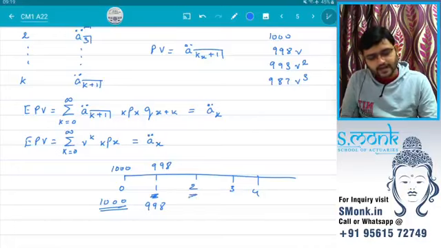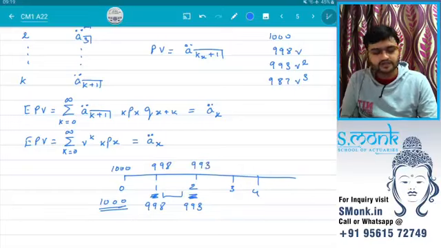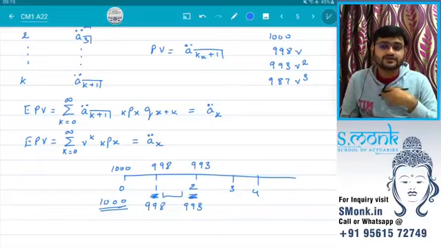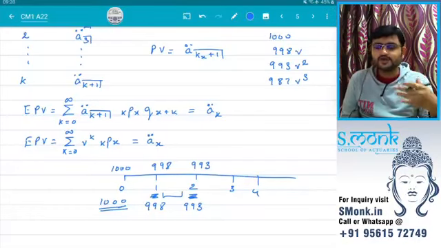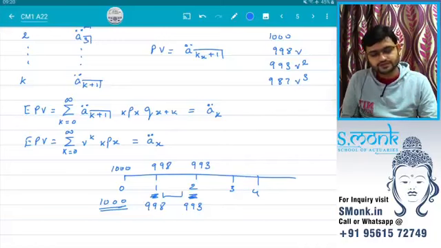Then at time 2, between time 1 and time 2, let's say 5 more people die. So 993 people are alive, and we are paying them only 993. This is our cash flow, our outflow, the expenses that we are incurring. This is how much we are paying to the policyholders.